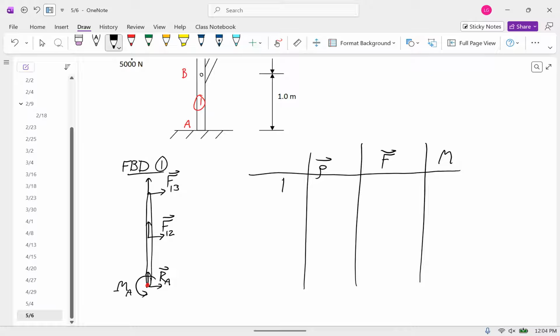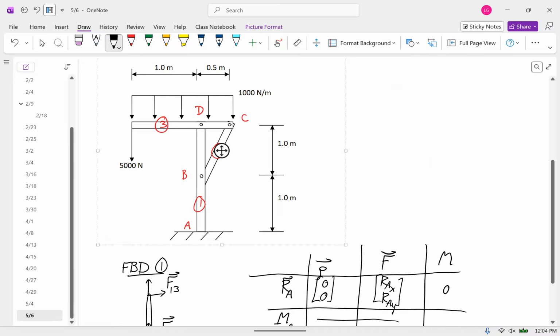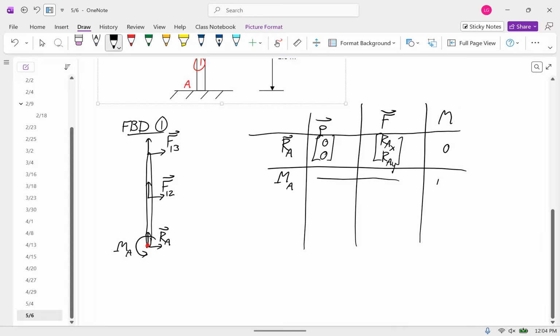So I'm going to start with RA. The row vector is 0. Force vector is RAX, RAY. Cross product is 0. Then I'll go to the couple MA. We don't care about the row vector here, and it just produces a moment MA.